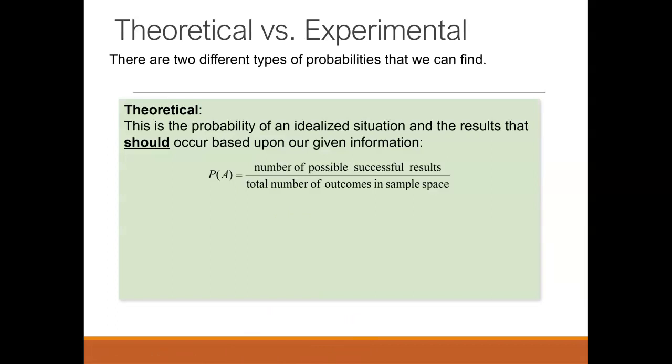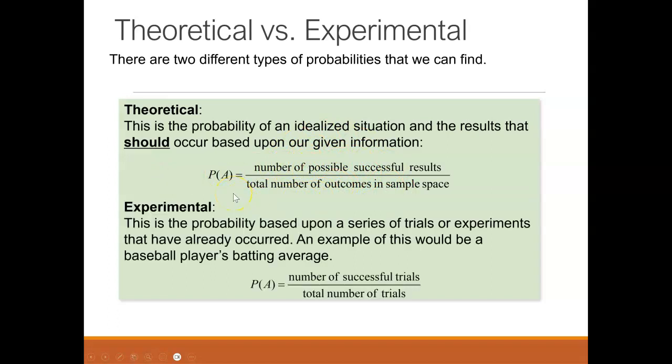So for the most part, what we'll be doing is calculating theoretical probabilities. That's the probability of an idealized situation, and the results that should occur based on our given information. So again, the probability of A is the number of possible outcomes divided by the number of outcomes in the sample space.